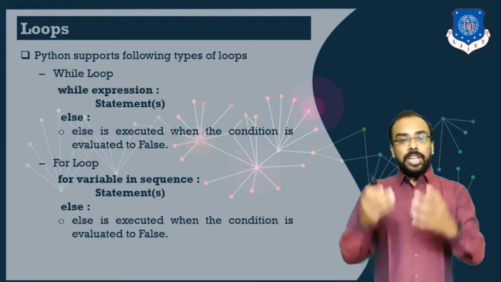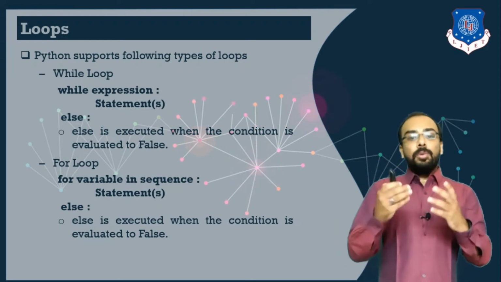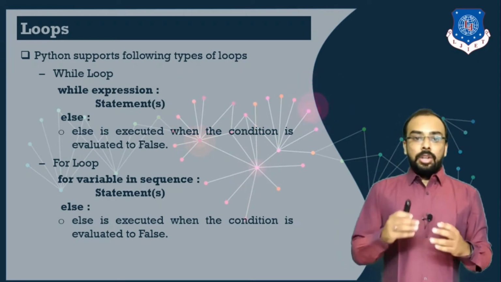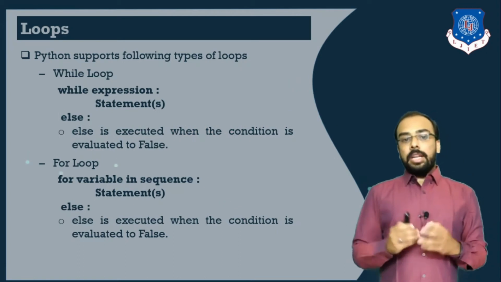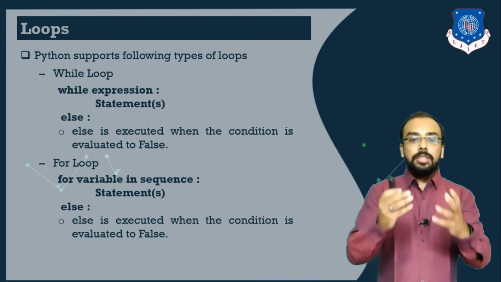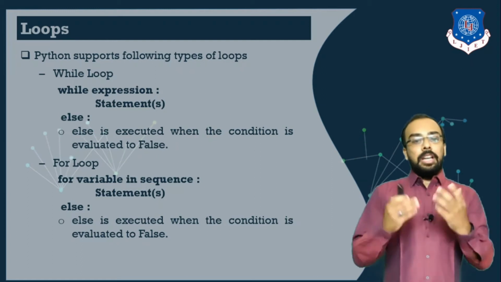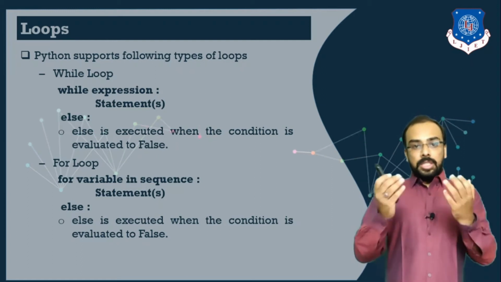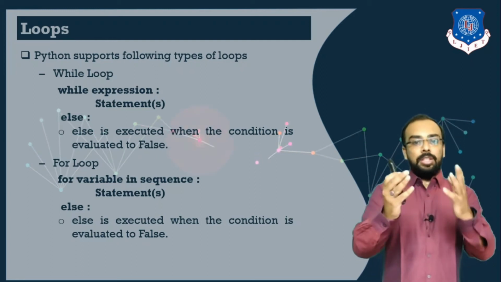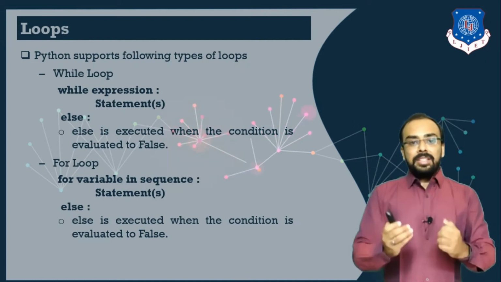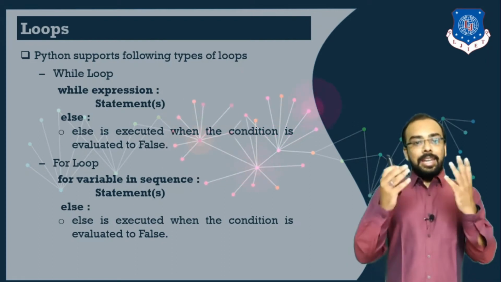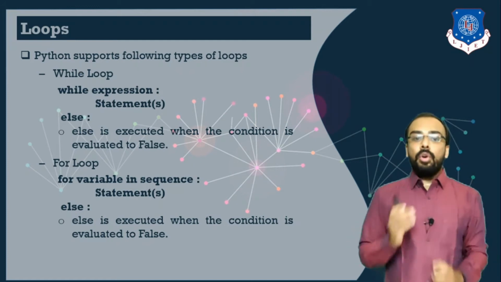So what is a range function? That we will explore in our programming sessions. And what is a sequence? A sequence can be a string, a list, a tuple, or a dictionary. Similarly, after specifying the colon, the statements that are written indicate that they are inside your for loop.